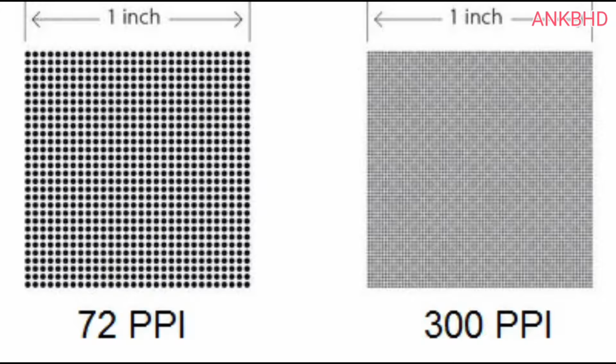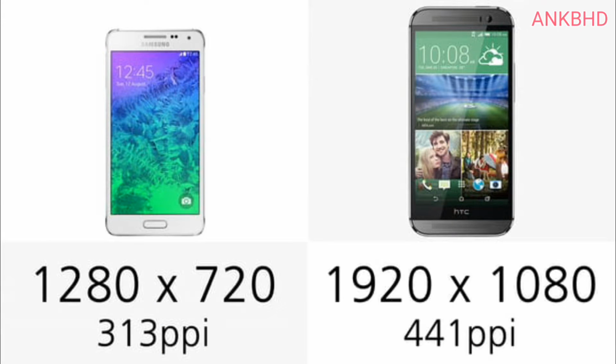The thing with PPI is that the larger the screen, the lower the PPI. This is because a larger screen means the individual pixels have to be larger to fill the space. Both the Samsung Galaxy Mega 6.3 and the Samsung Galaxy S3 have different sized screens, but as they each have 720 by 1280 pixels, they also have the same number of pixels.